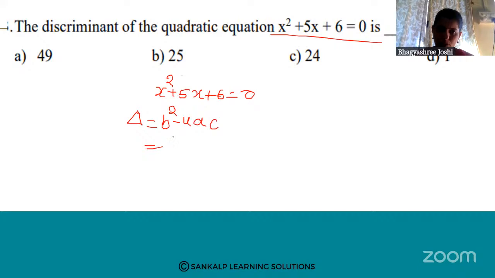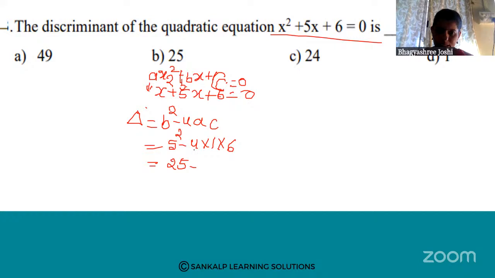So what is the value of b here? a value is 1, b value is 5, c value is 6. ax square plus bx plus c equal to 0 is the standard form, right? So b square, b value is 5 here. So 5 square minus 4 into a value 1, c value 6.